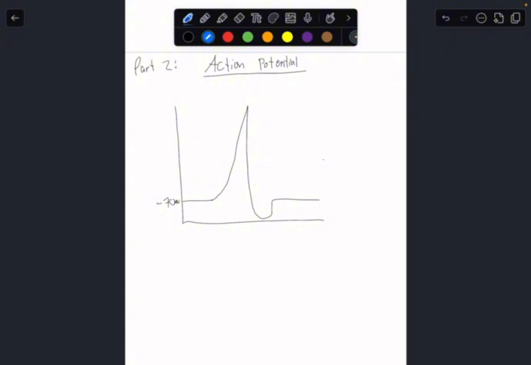So I'm going to label it here. So we have one. I'm going to draw this actually. Okay. 1, 2, 3, 4, 5, 6, 7, 8, and then back to 1. Okay.